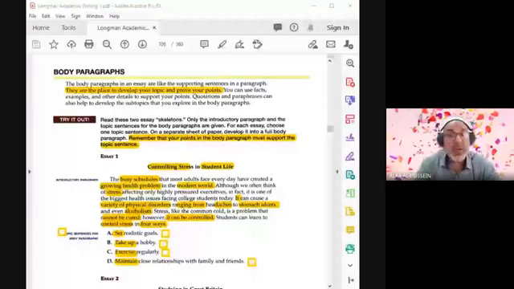If you need 2 body paragraphs, you have to write 2 subtopics. It's not optional. It's not free for you. When the teacher asks for a 4-paragraph essay, this means 2 body paragraphs. And of course, we have the introductory paragraph and the concluding paragraph.